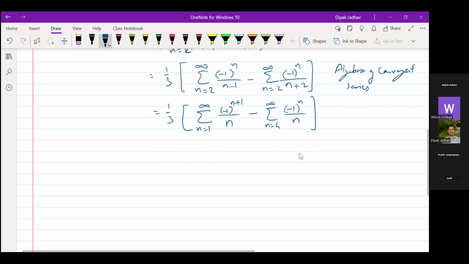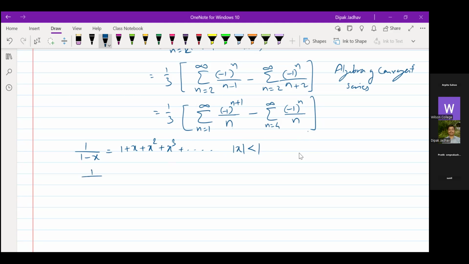Okay. Once you have done something like this, then you have to recall the power series expression for 1 upon 1 minus x. Anybody remembers? And that will be 1 plus x plus x squared and so on. This is valid not for all x, but only for those x whose absolute value is less than 1.